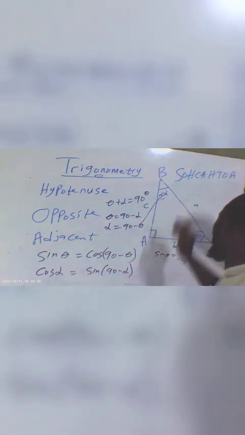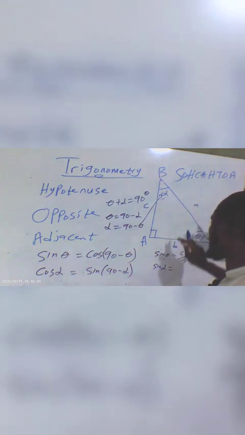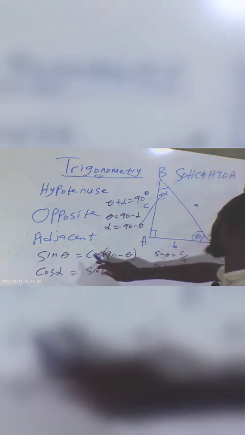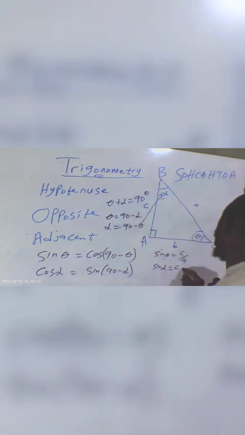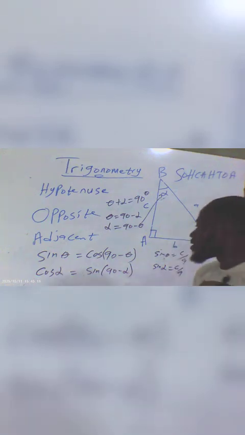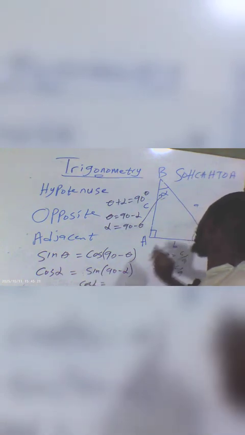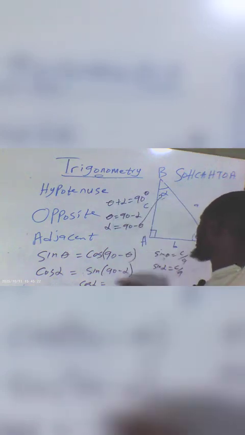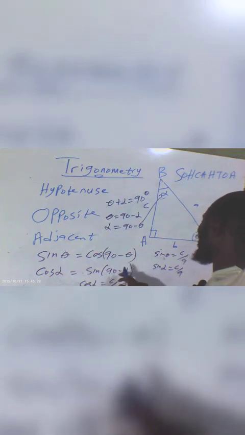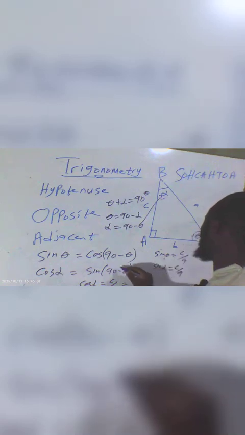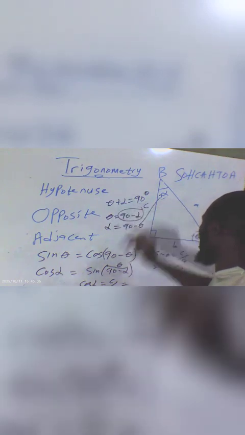So that means cos alpha, the adjacent, is C over the hypotenuse, C over E. At the same time, cos alpha is adjacent of alpha, C over hypotenuse, the same thing as sin of 90 minus alpha, which is theta, because theta is 90 minus alpha.